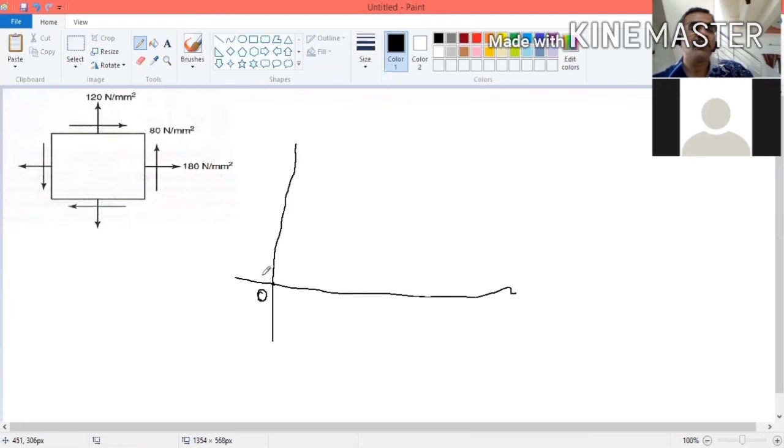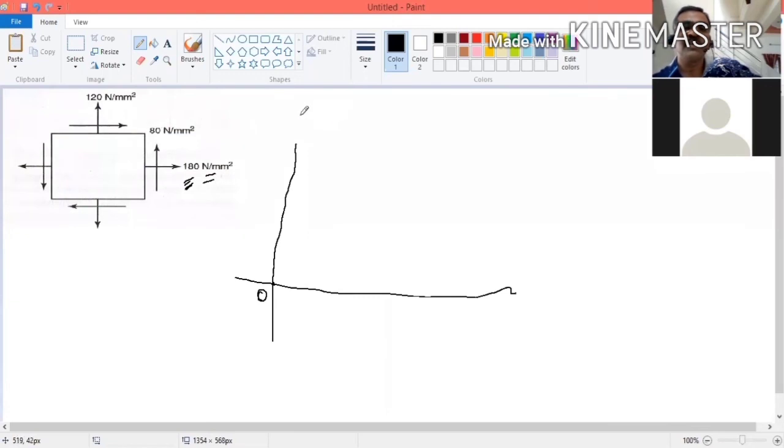So sigma x is 180. If you want to draw on paper, you have to take some scale. You have to convert the unit into centimeters, because we can mark only in centimeters. According to the space available, you convert to some scale.